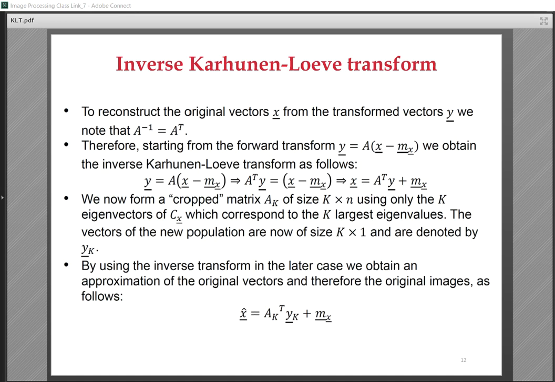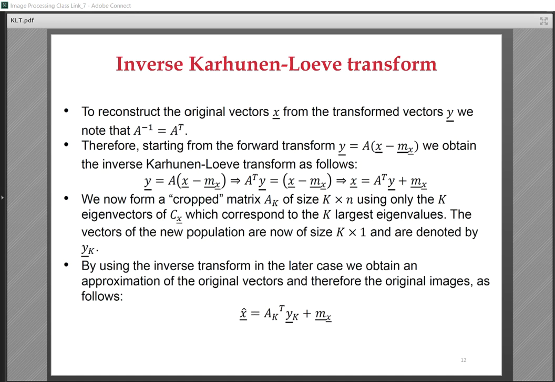By using the inverse transform in the later case, the yk case, we obtain an approximation of the original vectors and therefore the original images as follows: x hat, an approximation of the original x, is AK transpose, not A transpose, AK transpose dot YK.